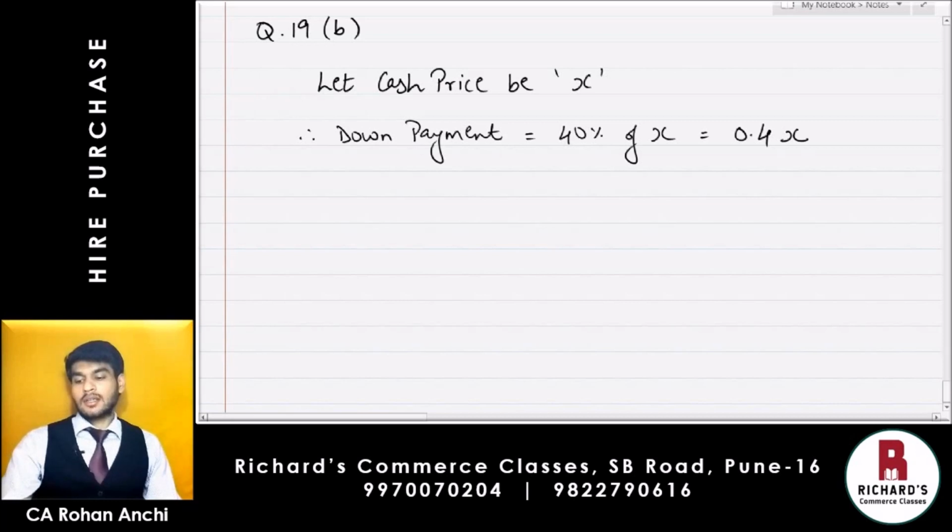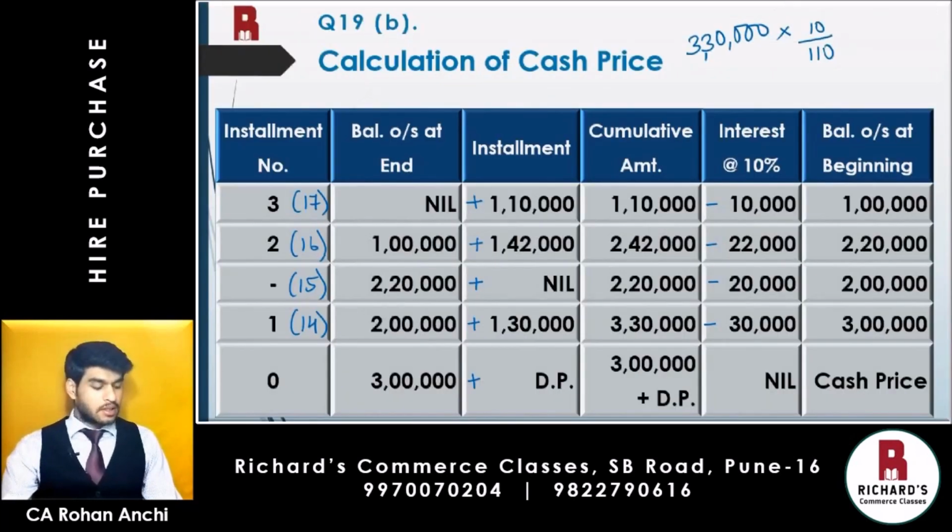Now from the table, to calculate cash price, remember, we add up the cumulative amount and interest. So here interest is nil. So 3 lakh plus DP plus nil gives us the cash price.